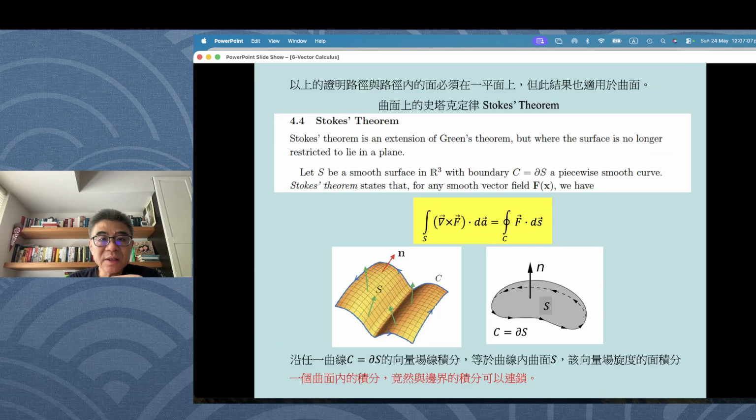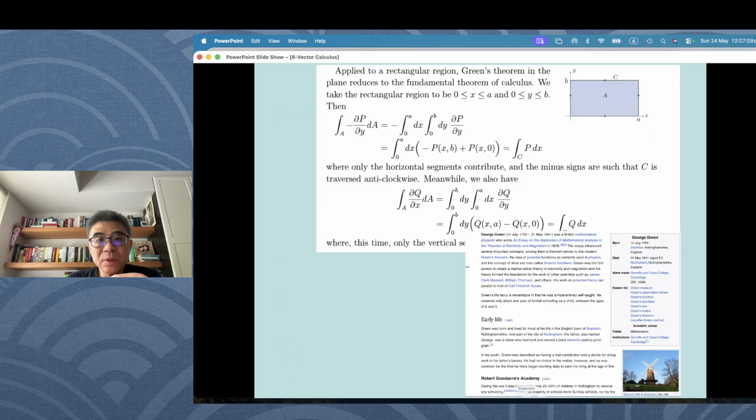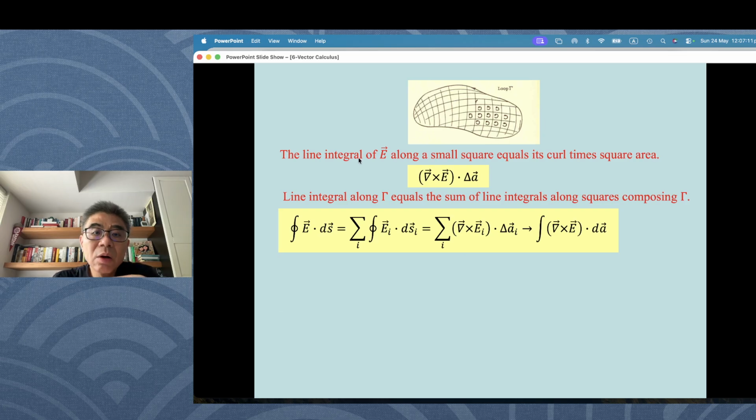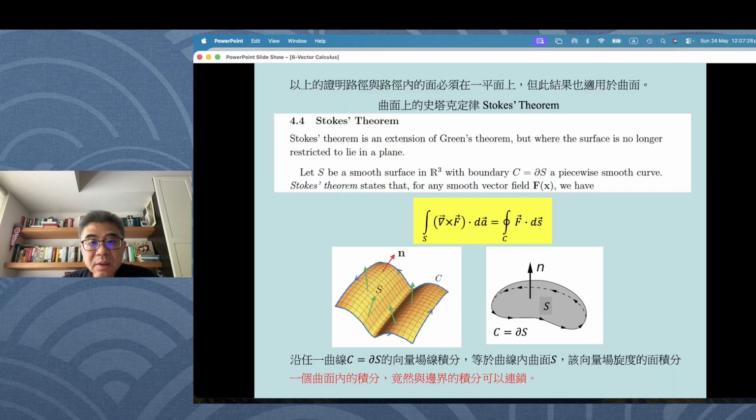Okay, secondly, in the proof, it seems that we decompose this loop into small flat squares. So you may be under the impression that this loop must be on a plane, a flat plane. However, mathematicians have been able to prove that this surface does not need to be a flat plane.